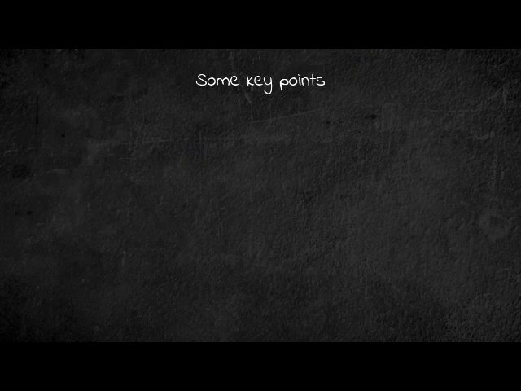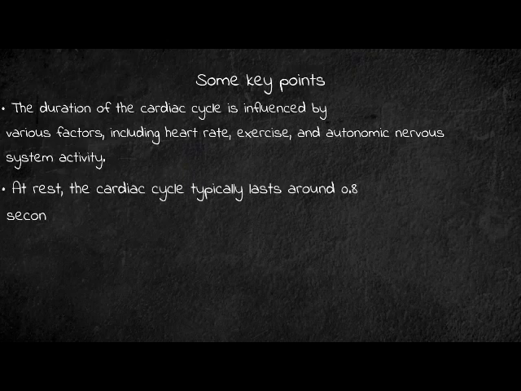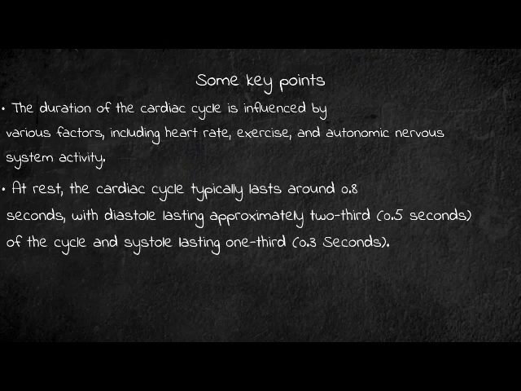Now we shall see some key important points. The duration of the cardiac cycle is influenced by various factors, including heart rate, exercise, and autonomic nervous system activity. When we exercise or do any intense workout, our heart rate automatically rises, so the cardiac cycle may get shortened.